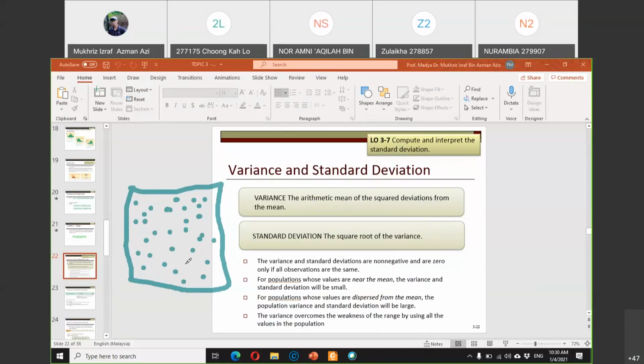So this is what dispersion means. If this is the case, when you calculate the variance and standard deviation, the value will be very big.